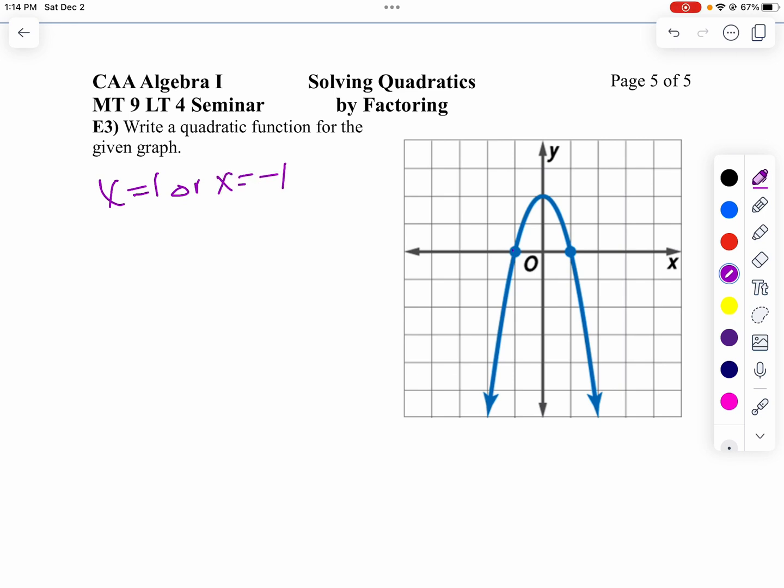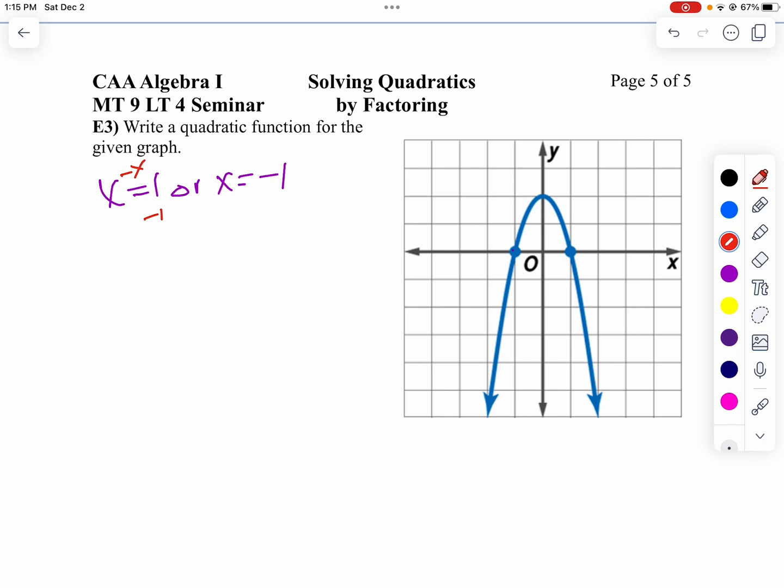Well, to make it equal to 0 then, I'd add 1 to both sides here. So x plus 1 equals 0. Whoops. Try that again. How about we subtract 1? Okay. So we're going to subtract 1 from both sides.